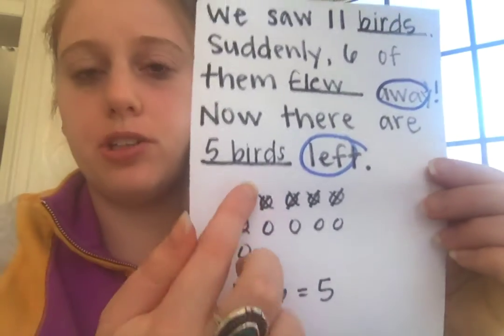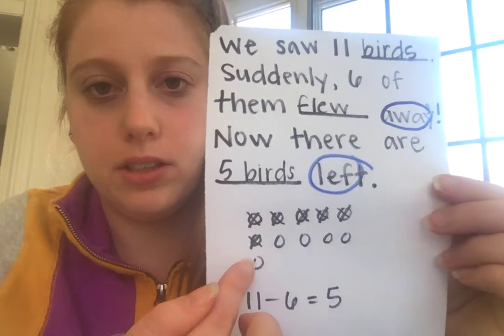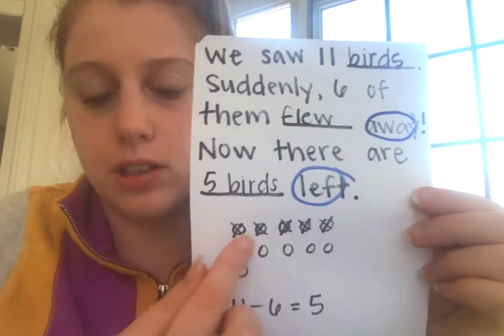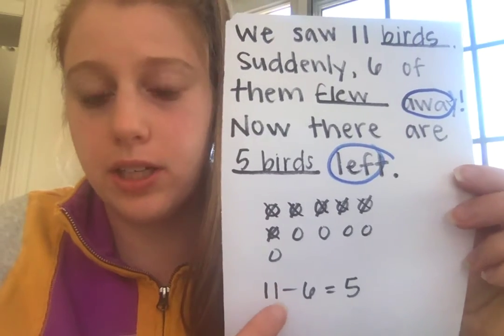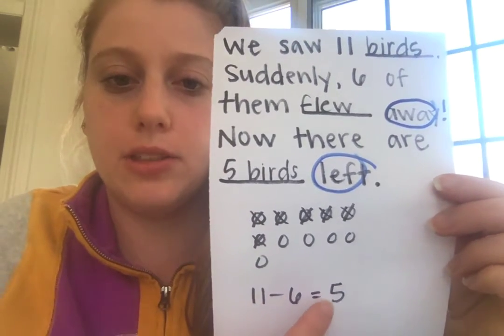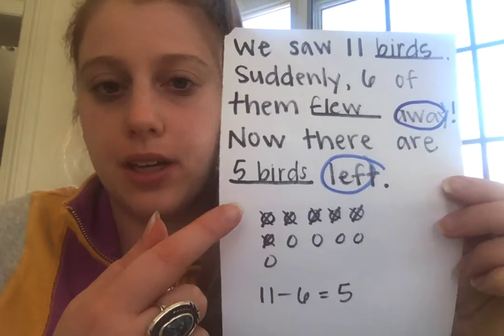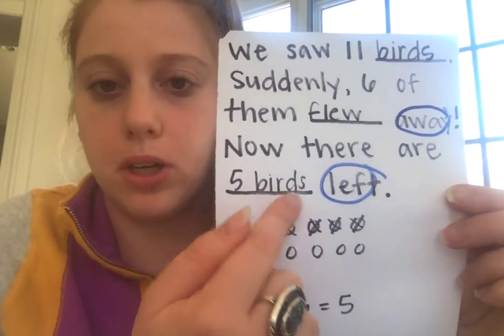All right, so I solved this. I drew my picture and I drew 11 birds, and then 6 flew away, so I crossed out the 6 that flew away. All right, then I wrote my equation down here. 11 minus 6 equals 5, and I knew that now there are 5 birds left.